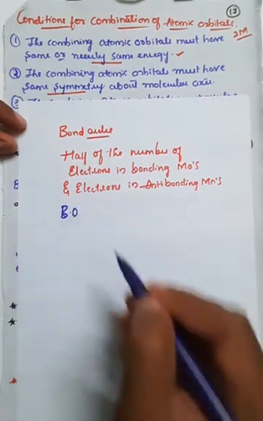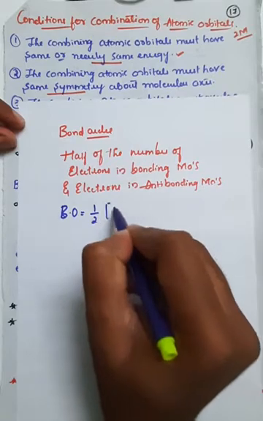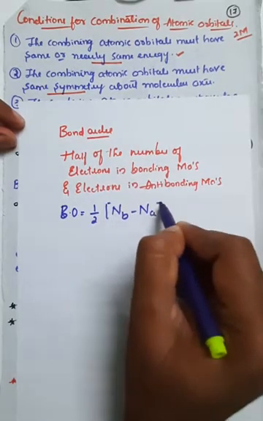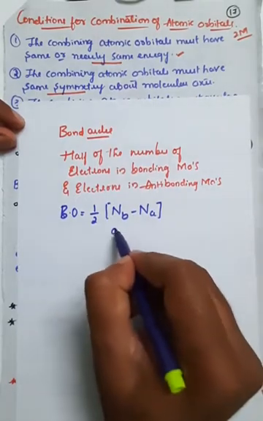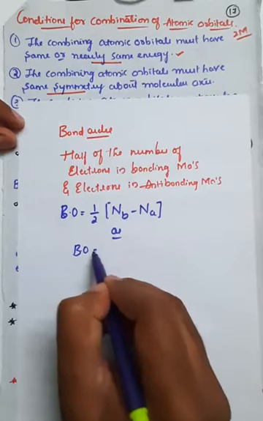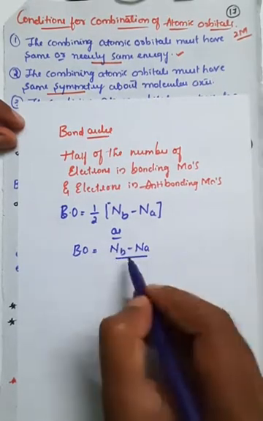So if you go with the formula, it is called BO, bond order. Bond order is equal to 1 divided by 2, that is, the number of electrons in bonding minus the number of electrons in anti-bonding. Or you can also write it as bond order equals (Nb minus Na) divided by 2.